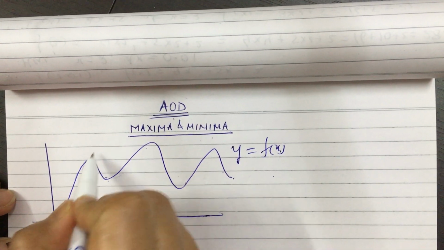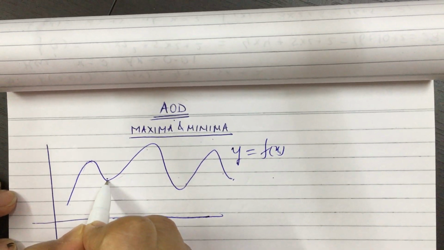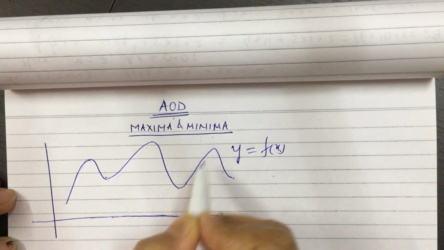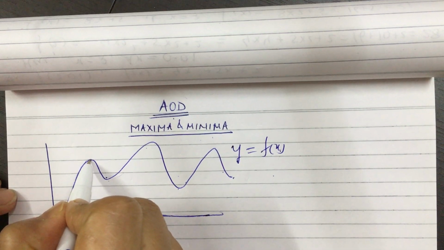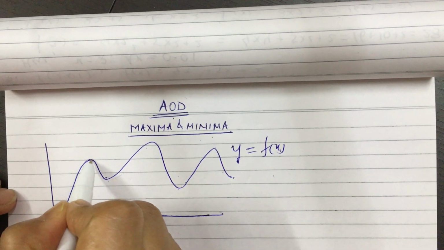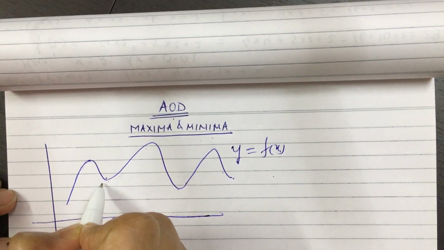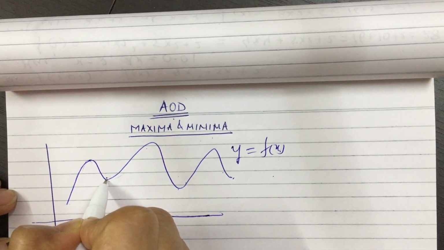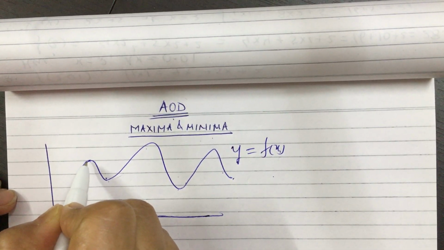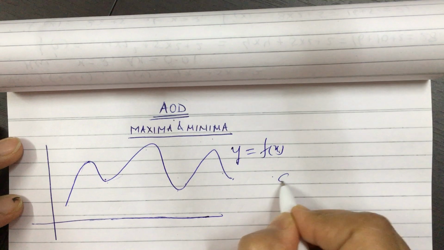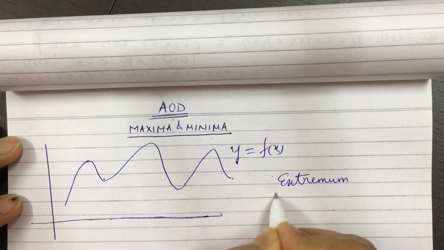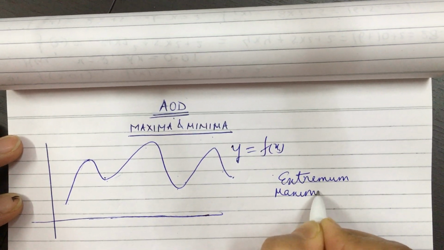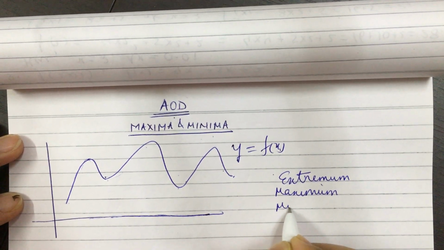So there are so many turning points. This is a turning point, this is a turning point, this is a turning point, and so on. And these points at which the curve turns its direction are called the points of extremum. Extremum means maximum and minimum.